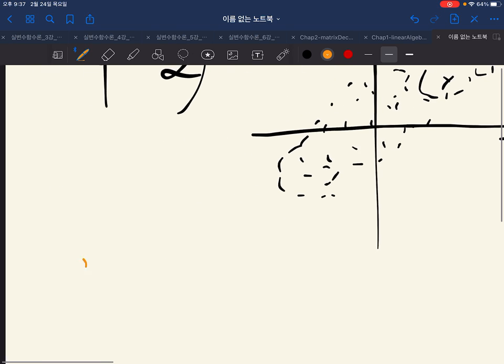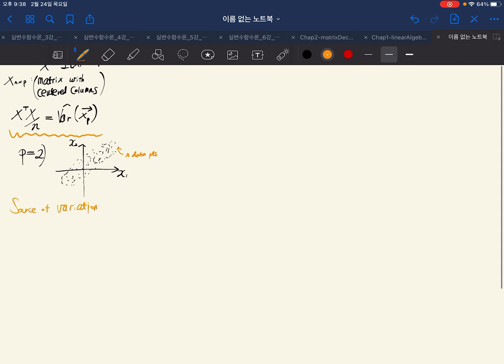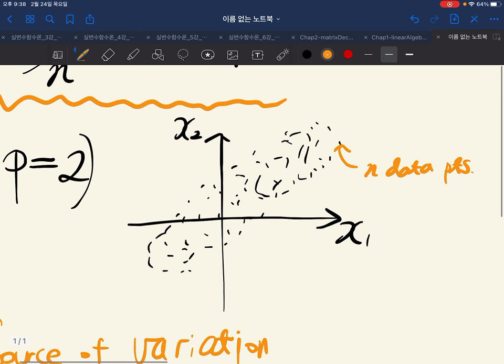The source of variation. So let's see. You can see that the data points are most variable in the direction of this orange line.